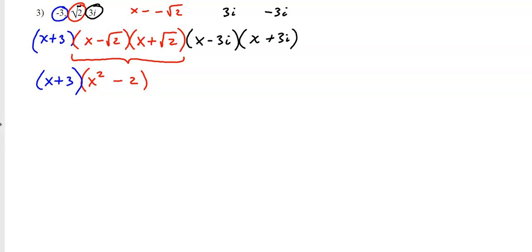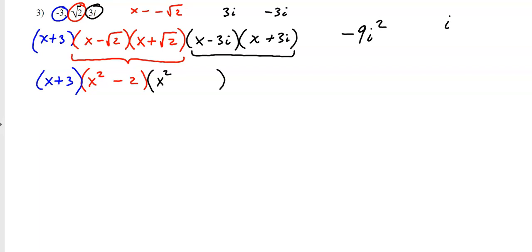And then over here, this is also a difference of squares, this black part. And I'm going to have x squared in the front. And then the minus 3ix plus 3ix goes away. And I end up with the minus 9i squared, but I'm not going to write it just yet, because minus 9i squared, I can do something with that.